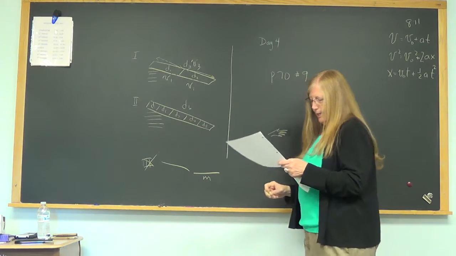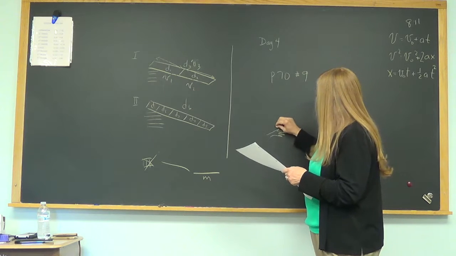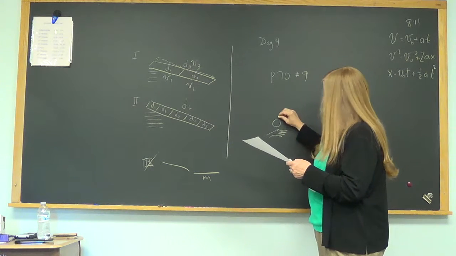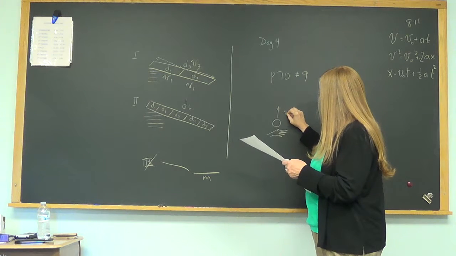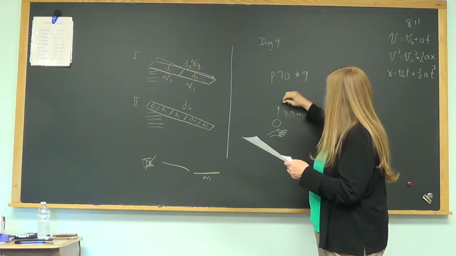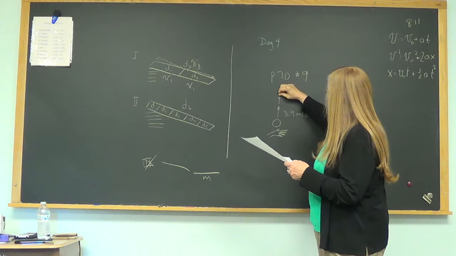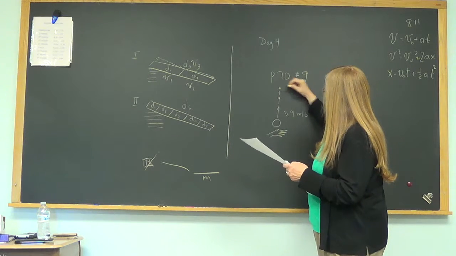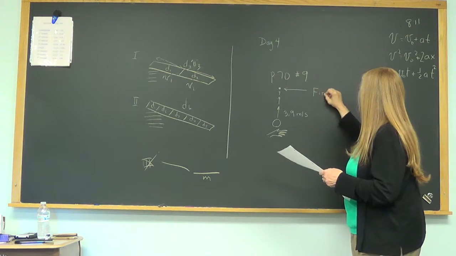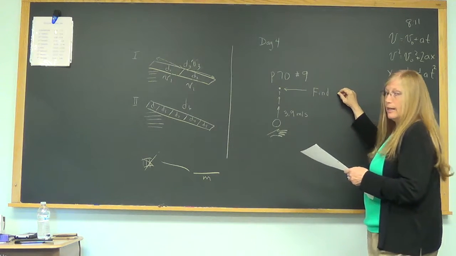In number 9, I see someone tossing an object upward. Its initial velocity is 3.9 meters per second. And we're going to find the maximum height. So we're looking for where it is at the highest peak.